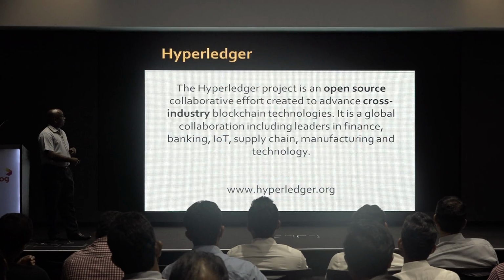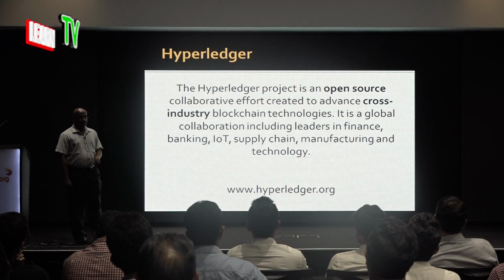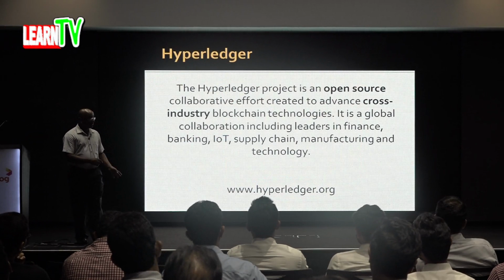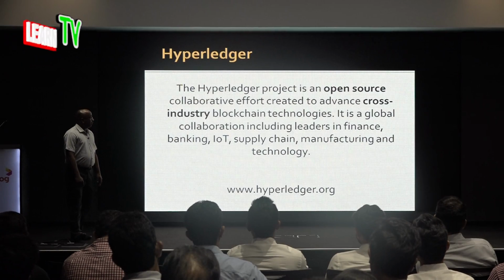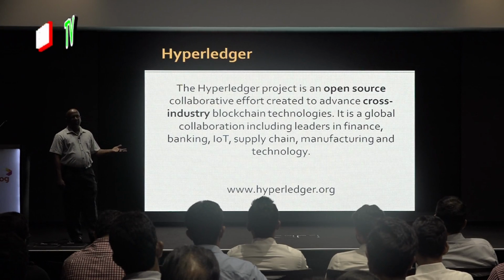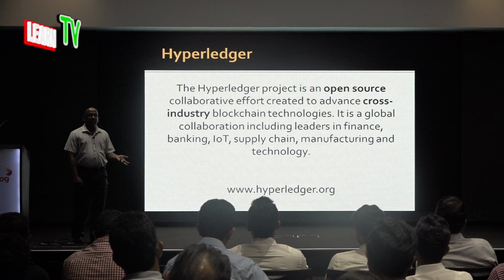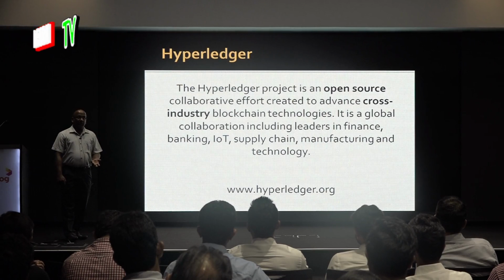Okay, so the next one is actually on Hyperledger. So Hyperledger is more designed towards businesses. It started with the digital assets blockchain implementation being made open source. This is now driven by the Linux Foundation.